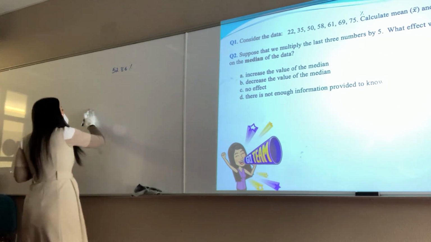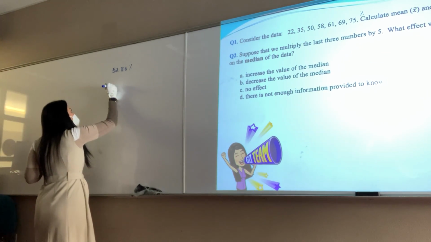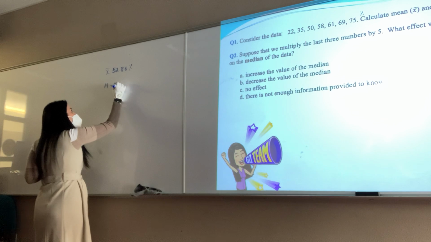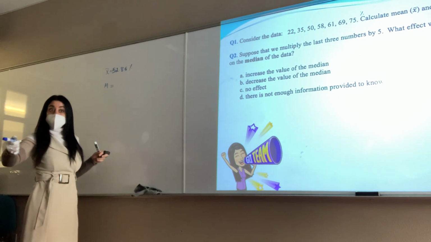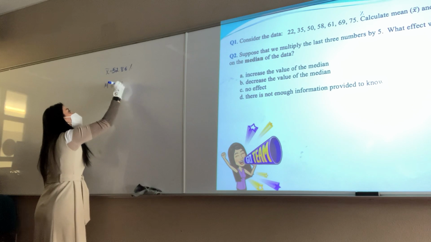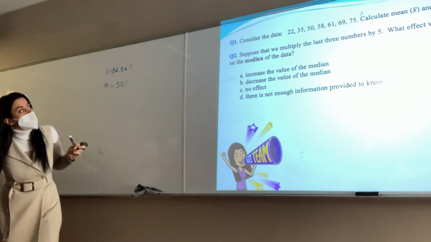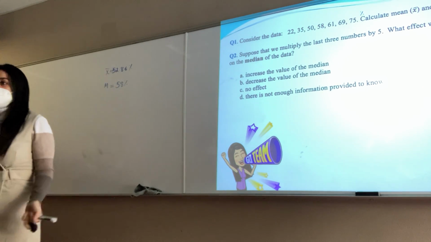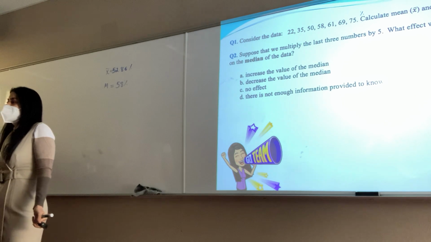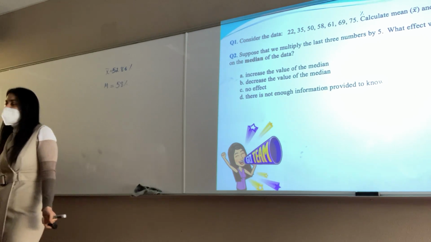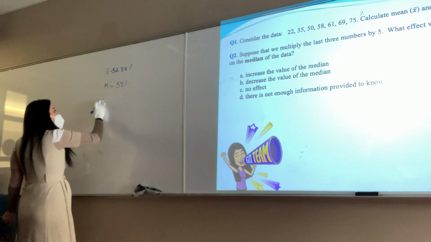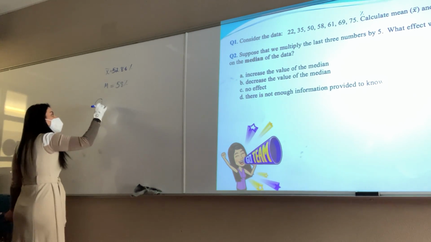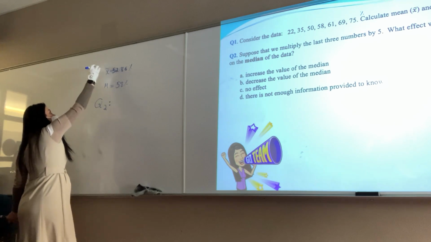So, group 2, what did you get for median? 58%. So is that correct? 58? Good. 58%.